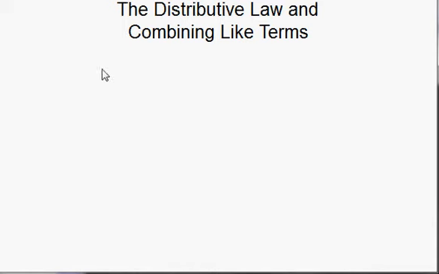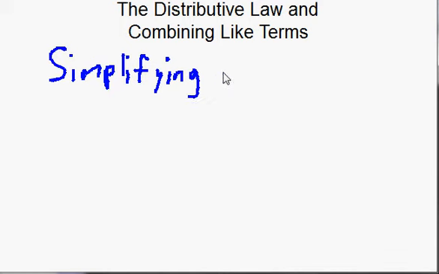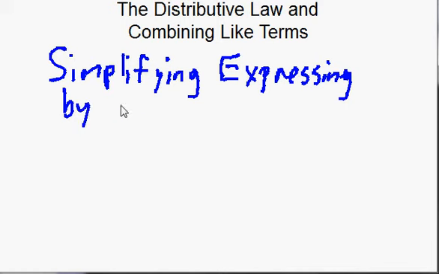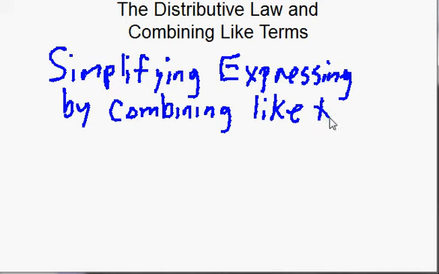Now we'll spend a little time talking about simplifying expressions by combining like terms. What does that mean, combining like terms?